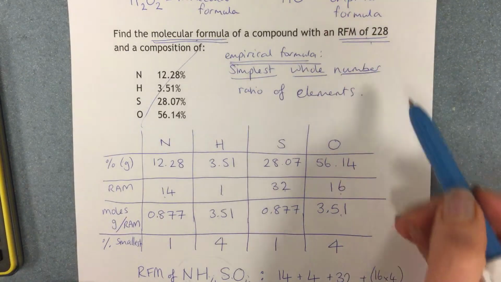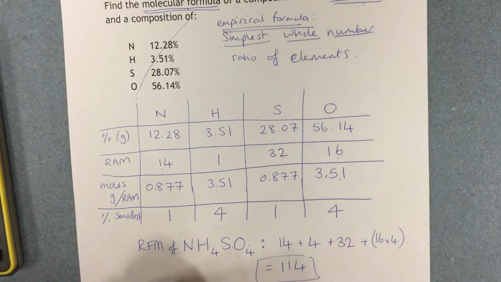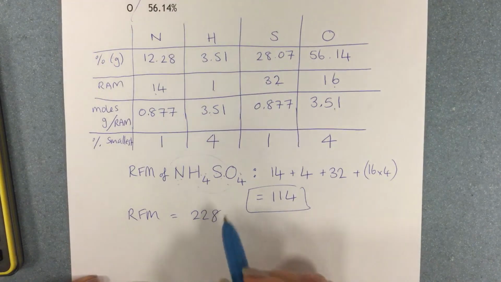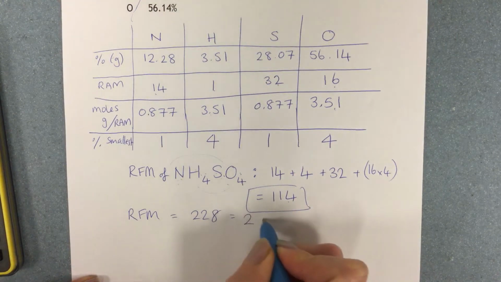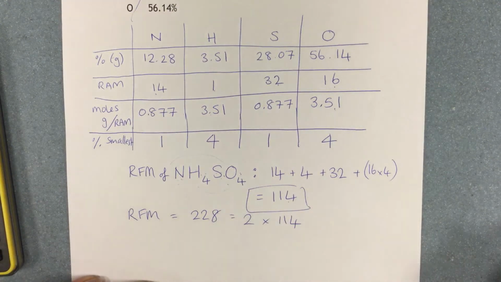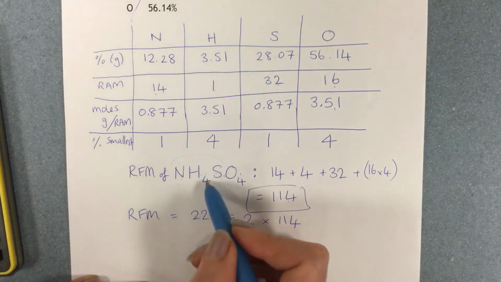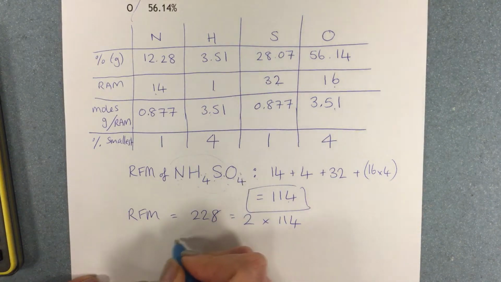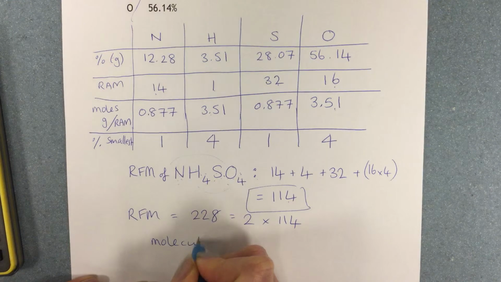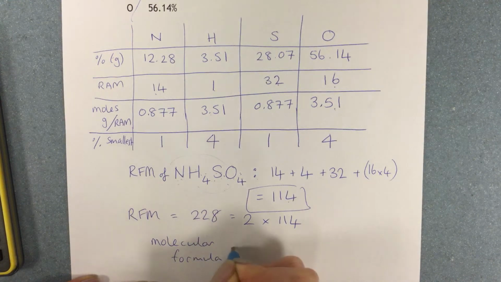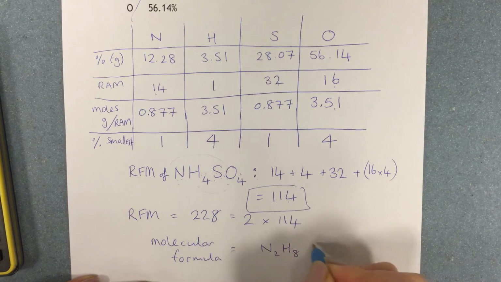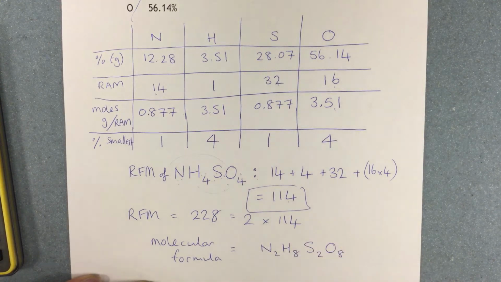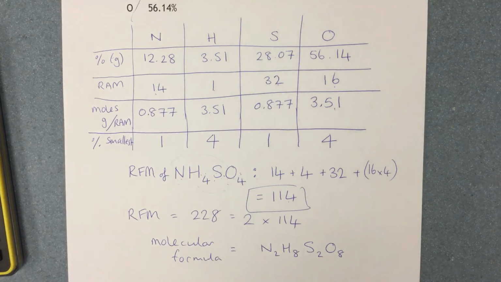I was given an RFM of 228, and so what that tells me is that is 2 times 114. So that means that rather than the real formula being NH4SO4, the molecular formula is N2H8S2O8. That's a very complicated formula, but it's probably some sort of organic thing that you might find in your body, like a hormone or something like that. Okay.